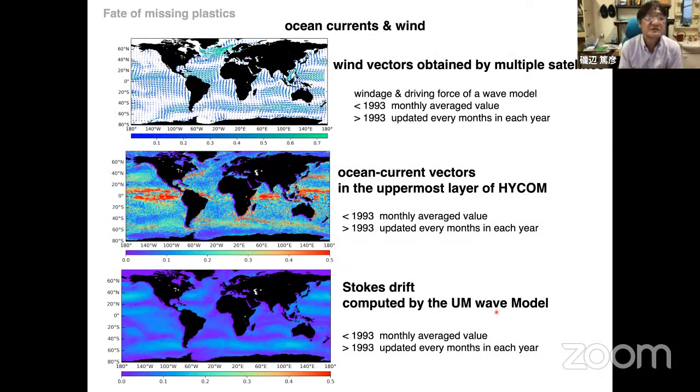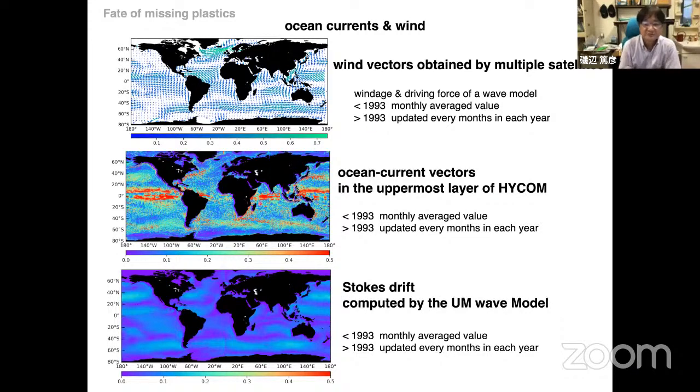As the background, in and above the ocean, we give the wind, ocean current and waves. The wind vector data set is obtained from multiple satellites. This wind is used for the windage of the macroplastic and as the driving force of the wave model to compute the Stokes drift, as shown in the lowermost panel. Before 1993, we used monthly average values, updated every month. After 1993, we use values updated every month in each year.